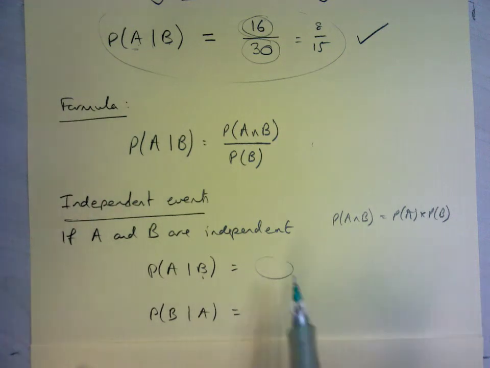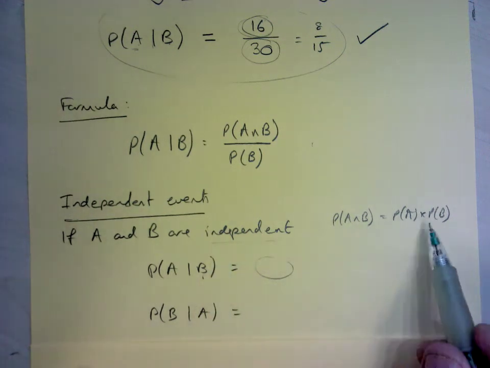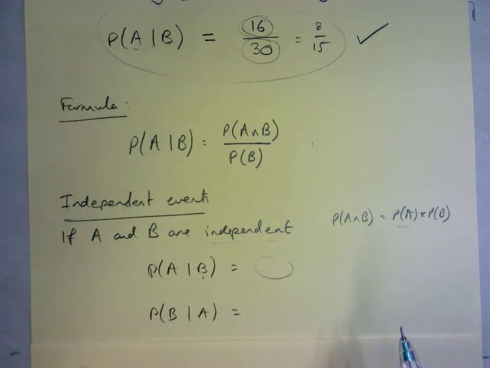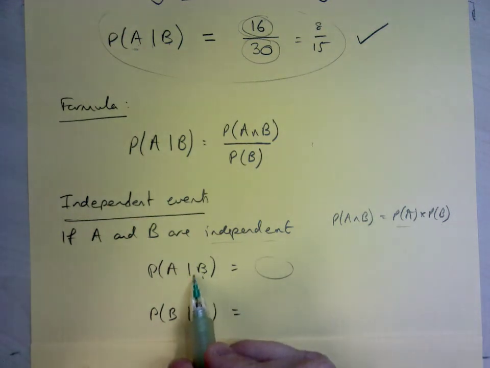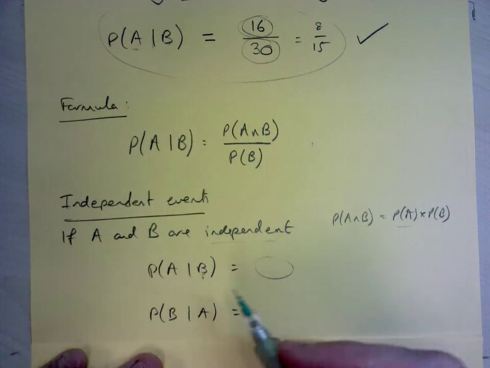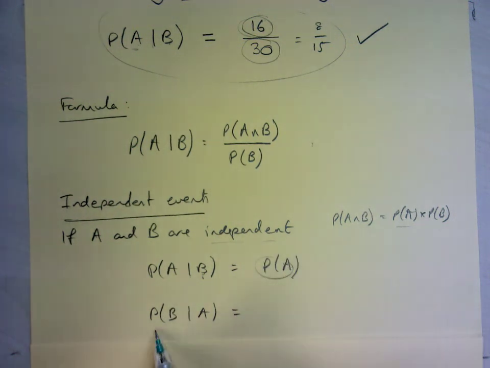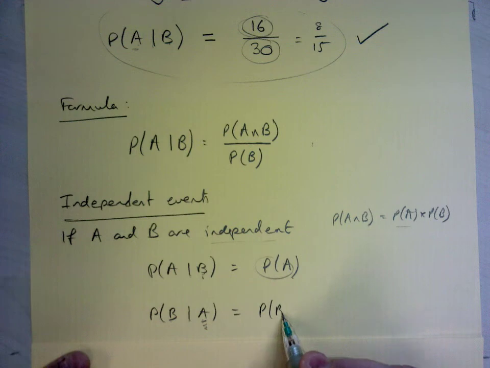Let's follow this thought through. If they're independent, whether B happens isn't going to affect the probability of A happening. So the condition that B has happened here has no impact. So this will be just the probability of A. And similarly here, the probability of B given that A has happened, well, if they're independent, A happening or not has no impact on B. So this would just be the probability of B happening.